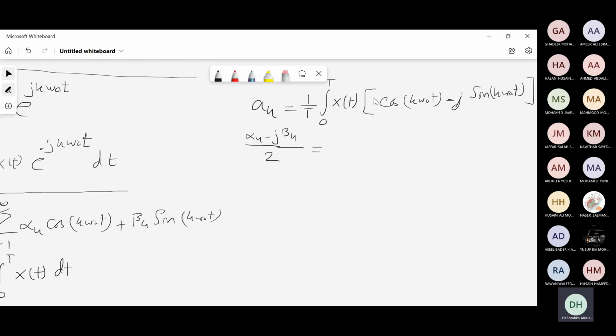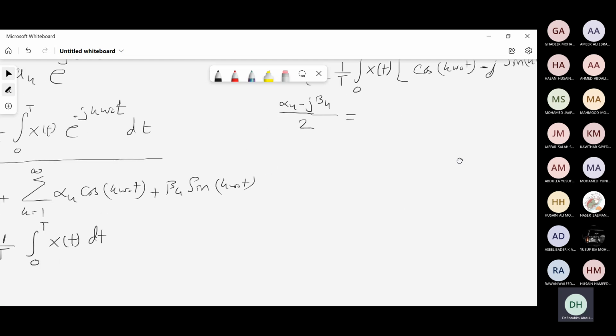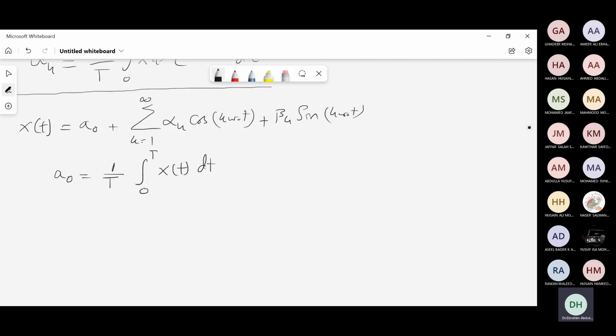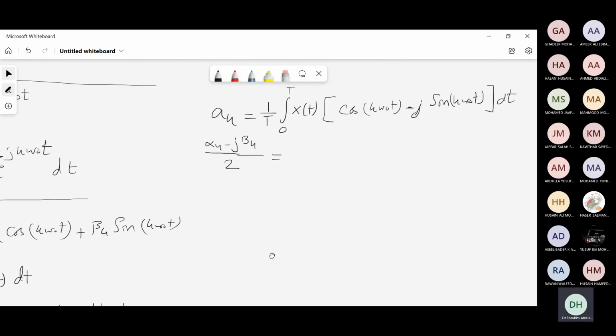Then alpha is equal to 2 divided by T. So then alpha k is equal to 2 divided by T, integration from 0 to T, x of t cosine k omega naught t dt.